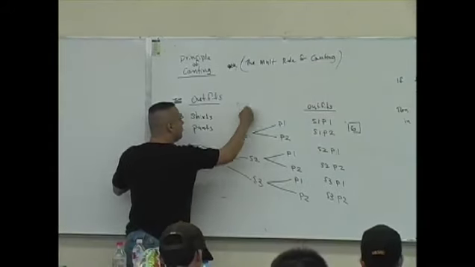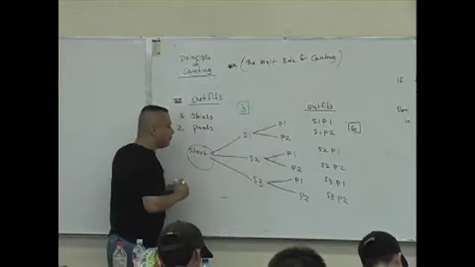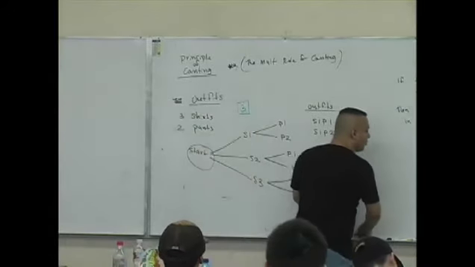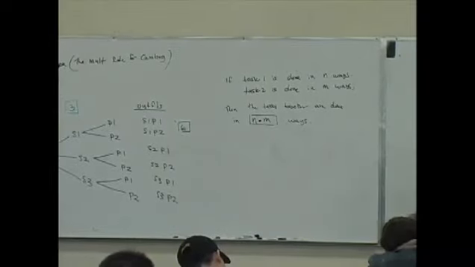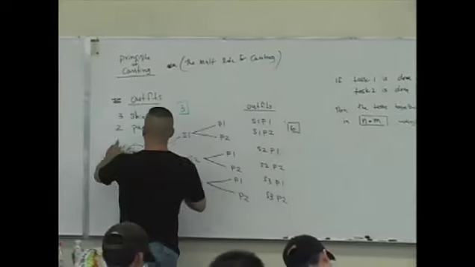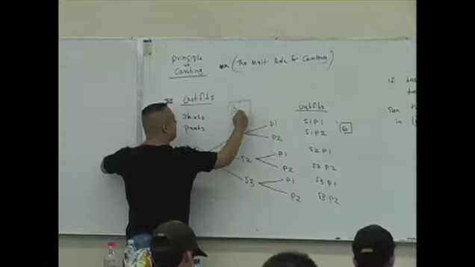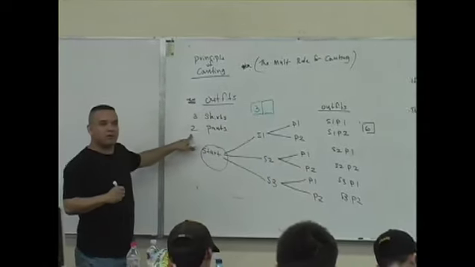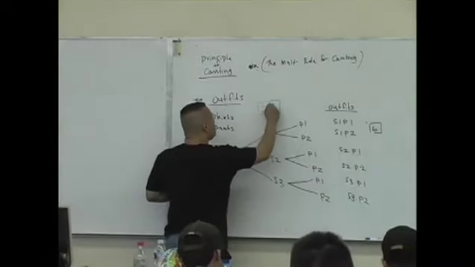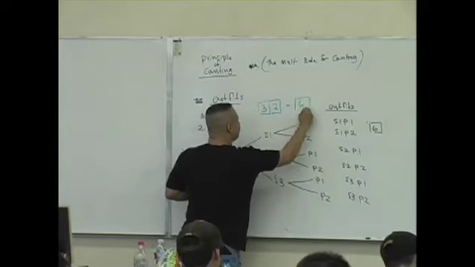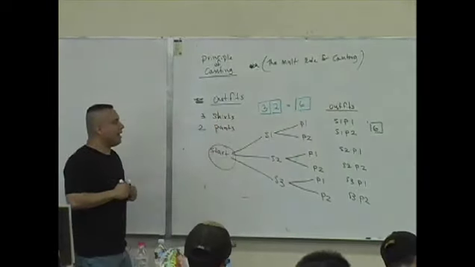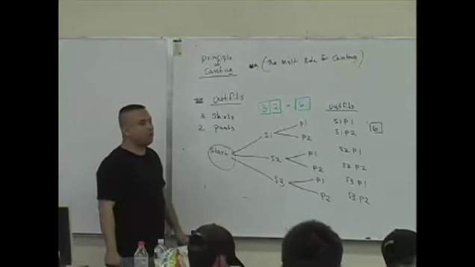So what you guys have seen here via a tree diagram is that there are 3 choices for shirts, 3 shirt options, and then how many pant options are there? 2. So then what is 2 times 3?